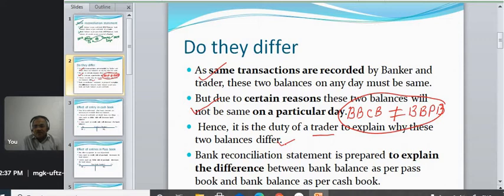There has to be some reason, right? These reasons are to be explained through a statement called bank reconciliation statement. So the last point is that bank reconciliation statement is prepared to explain the difference between bank balance as per cash book and the bank balance as per passbook. I hope this point is clear.